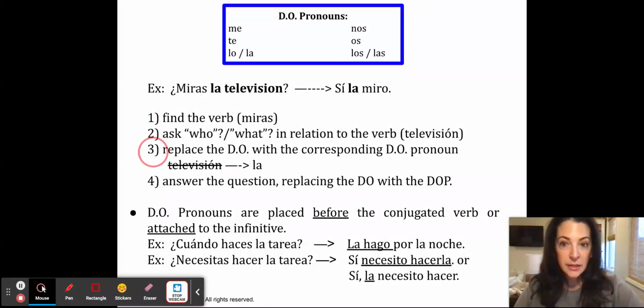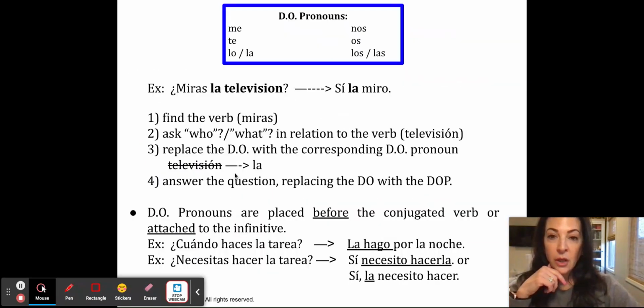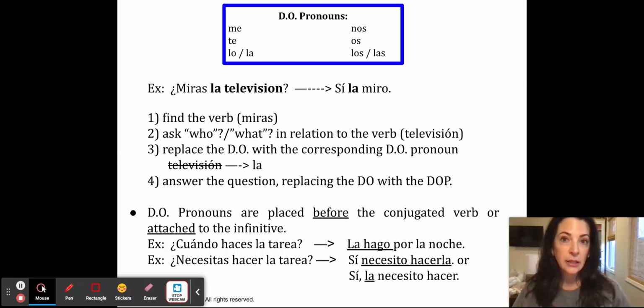Step three is we're going to replace the direct object. We're going to take televisión and replace it with a pronoun that corresponds. It's a thing, it, and it's feminine. So we're going to replace it with la. That's the process of how you take a sentence that has a direct object in it and then rewrite the sentence by using the direct object pronoun.